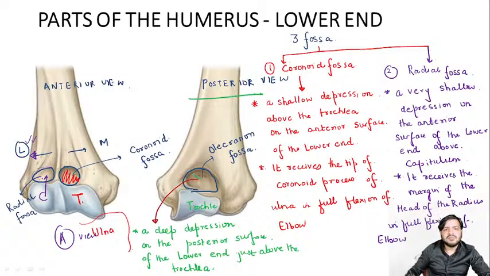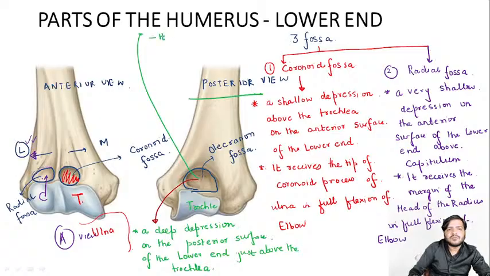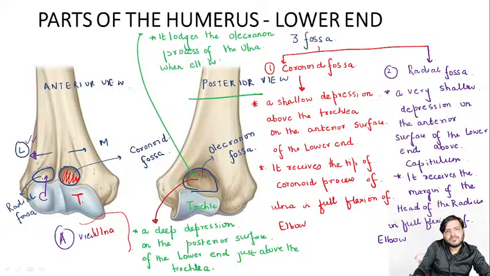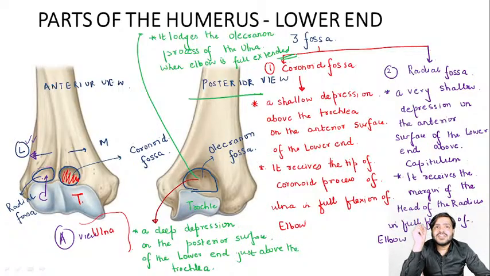It basically lodges the olecranon process of the ulna. So write down the function of this, that it lodges the olecranon process of the ulna when elbow is fully extended. मेरा क्वेश्चन का आंसर देना. फ्लेक्शन में विच फोसा इज रिस्पॉन्सिबल, एक्सटेंशन में विच फोसा इज रिस्पॉन्सिबल, फ्लेक्शन ऑफ द एल्बो जॉइंट which fossa is basically playing a role, and extension में which fossa is playing the role.